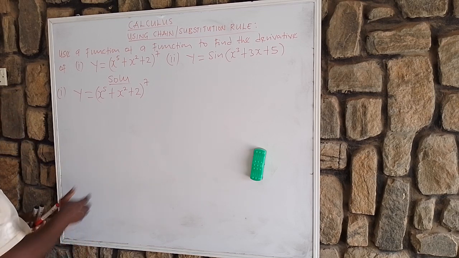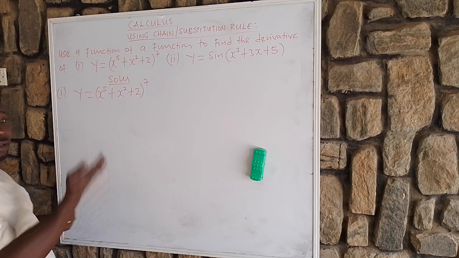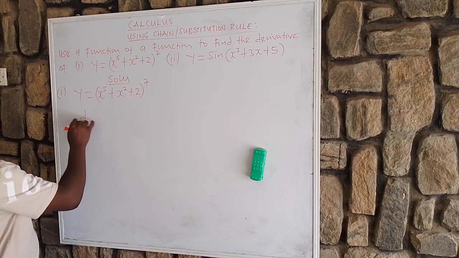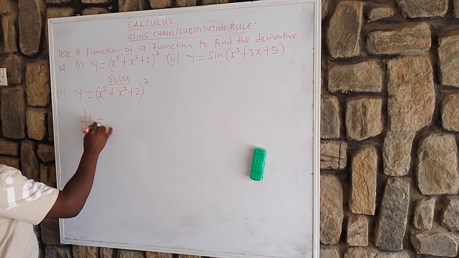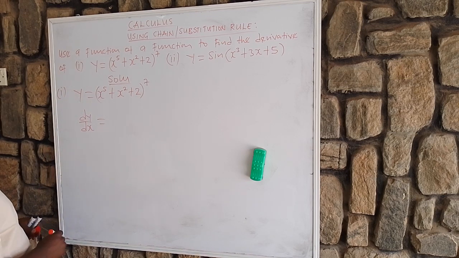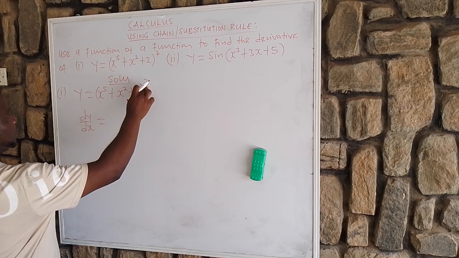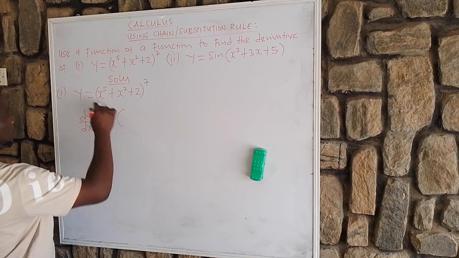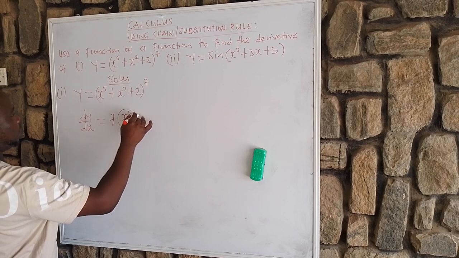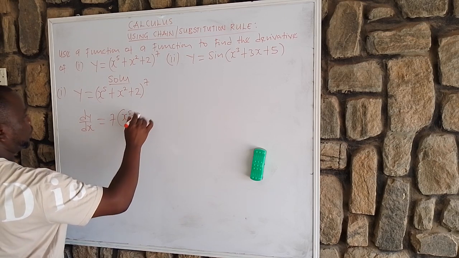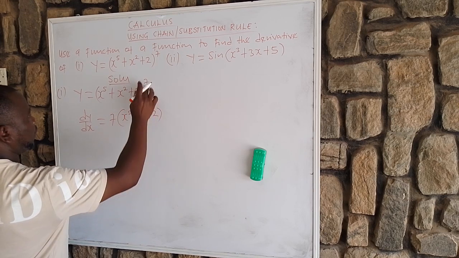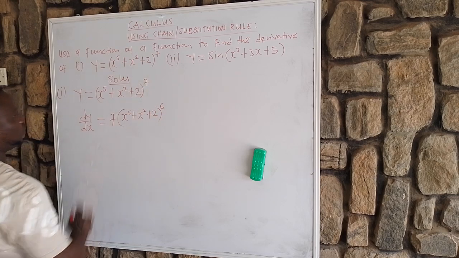But ordinarily, if I want to differentiate this without using function of a function, I can differentiate it this way. That is a very quick way, assuming you come across an objective question. What you will first do is differentiate what is here. This is 7, you hold the bracket constant: (x to the power 5 plus x squared plus 2) raised to the power 7 minus 1, that is 6.